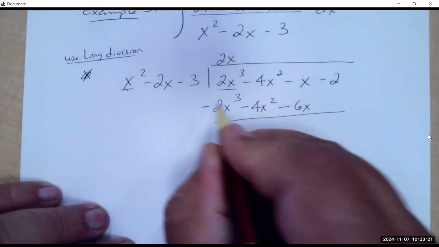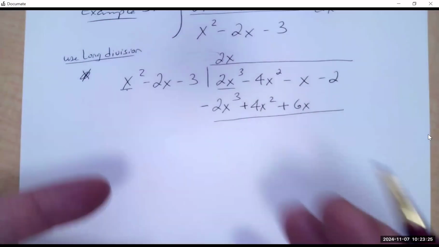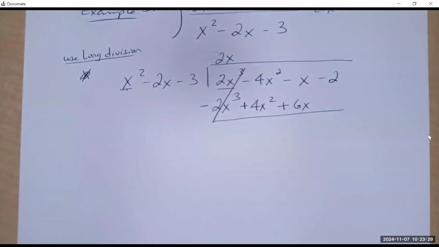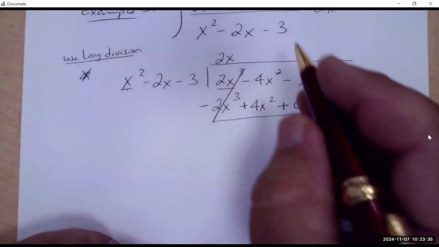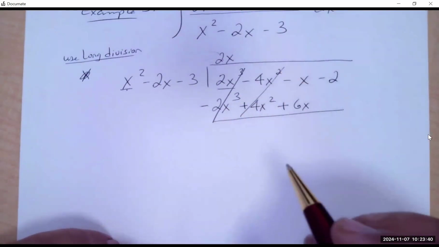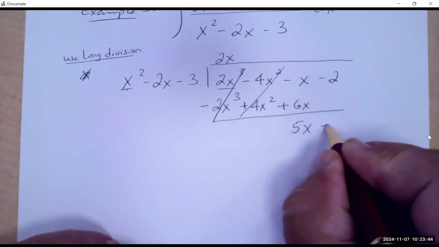Change the signs because we're going to subtract them. In this case, we change the signs. Now we add them. The leading term has to cancel. If it doesn't cancel, then you did something wrong. The second term cancels. So 6x minus 1x is 5x minus 2.